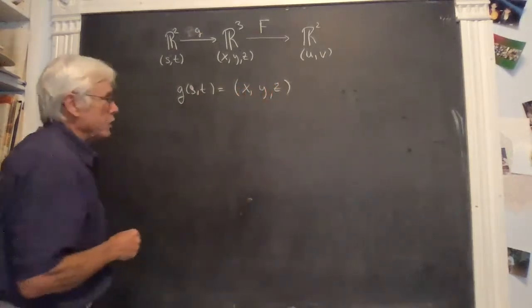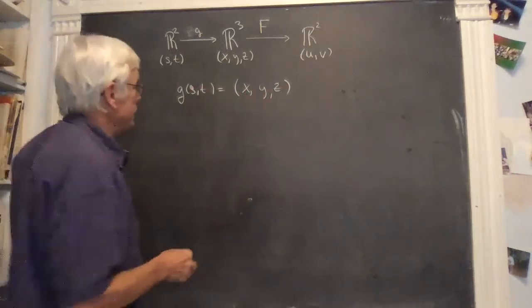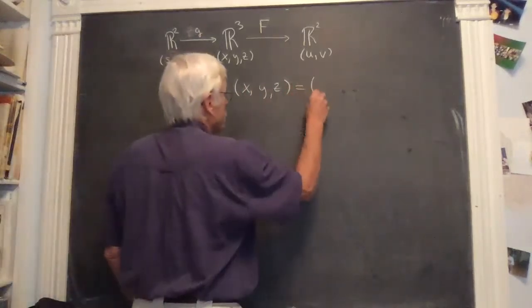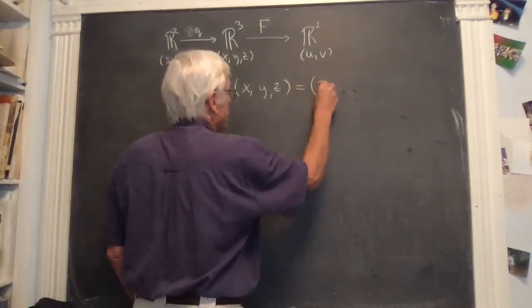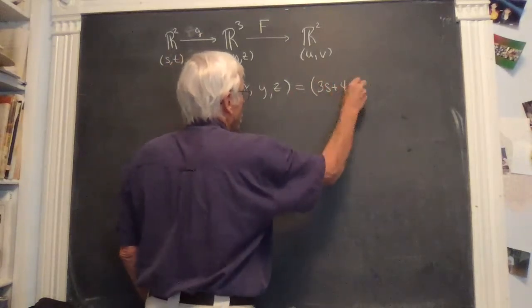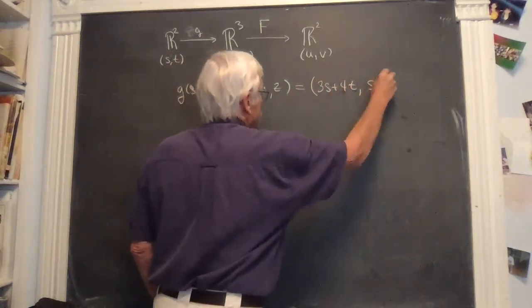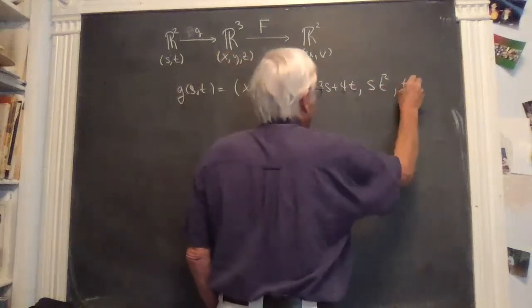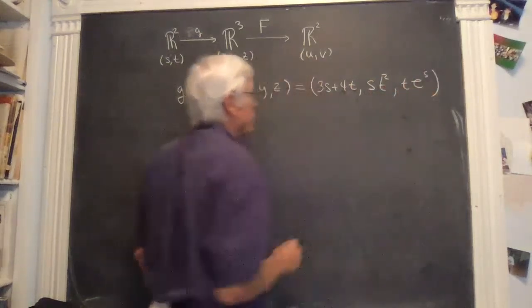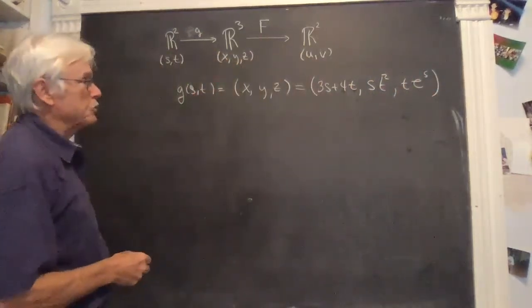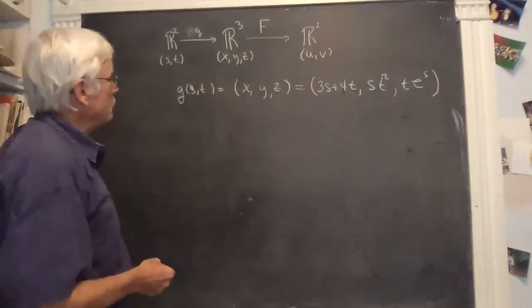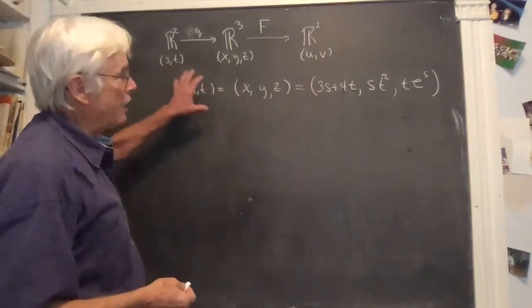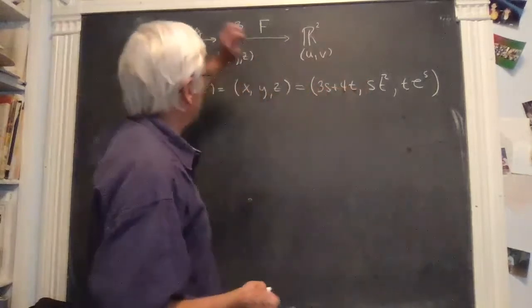So each one of these is a function of s and t. So this is something like 3s plus 4t, s times t squared, and t e to the s. Something like this.